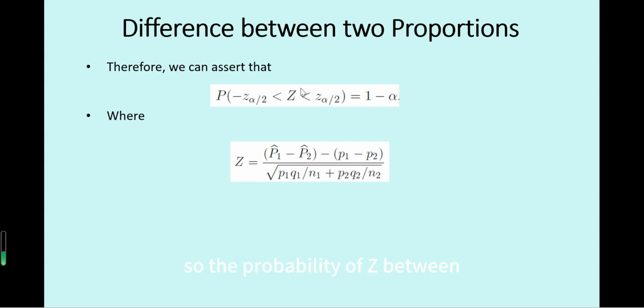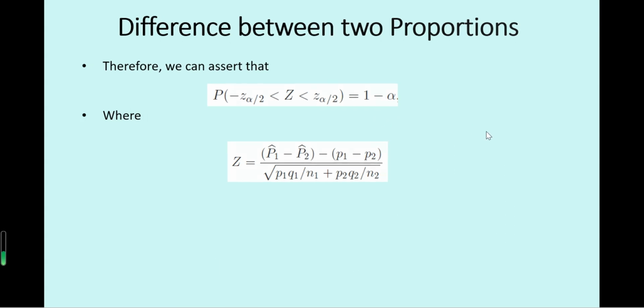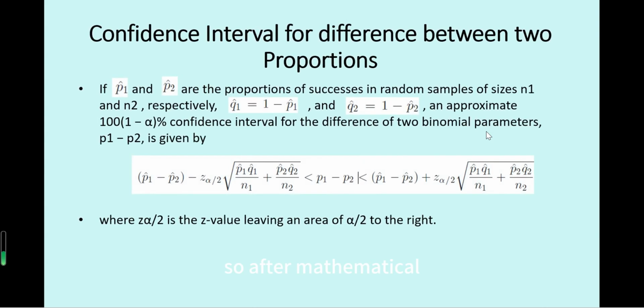So the probability of Z between minus Z half alpha and Z half alpha equals 1 minus alpha, where alpha is the significance level and 1 minus alpha is the confidence level. After mathematical manipulation, we can get the confidence interval for the population difference P1 minus P2, between a lower bound and an upper bound.